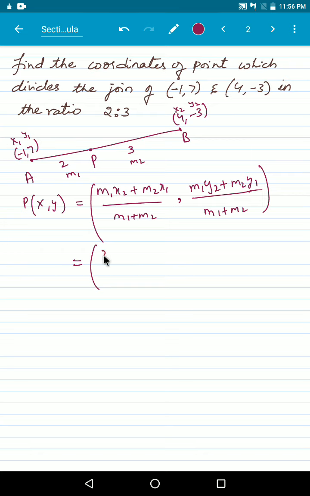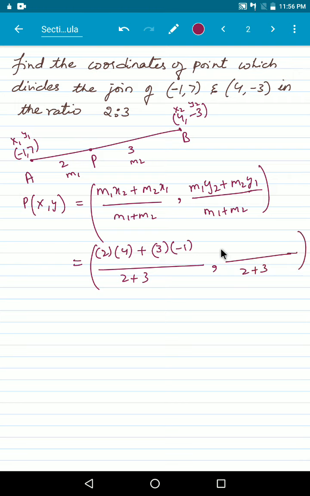M1 is 2 multiplied by x2, x2 is 4, plus m2, which is 3, multiplied by x1, x1 is -1, divided by m1 plus m2. So it is 2 plus 3. Here also 2 plus 3 in the denominator. M1 again 2, y2 is -3, plus m2 is 3 multiplied by y1, 7.